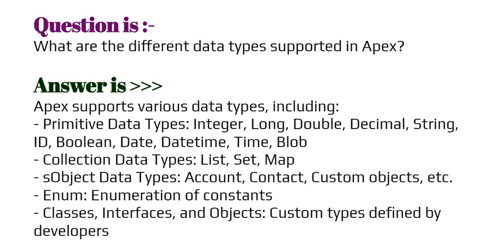Collection data types: list, set, map. SObject data types: account, contact, custom objects, etc. Enum, enumeration of constants. Classes, interfaces and objects, custom types defined by developers.